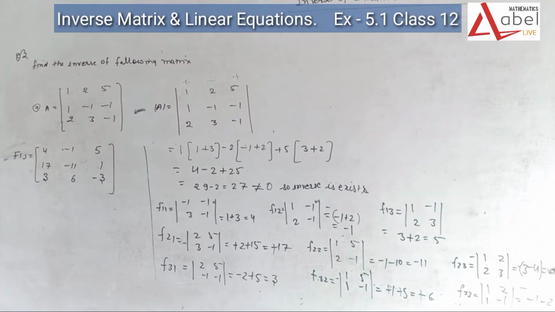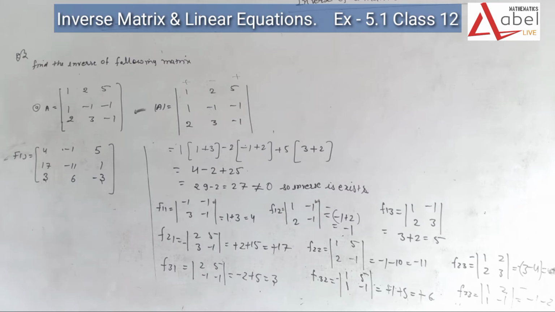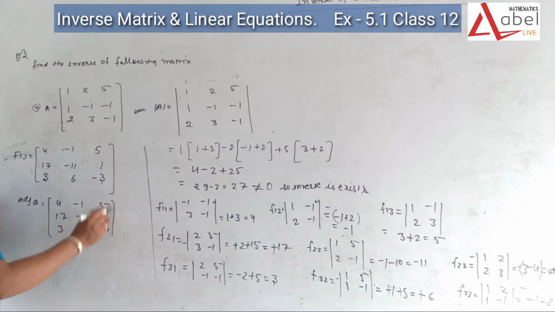4 minus 1 is 5, 17, minus 11, 1, 3, 6, minus 3. Now we are going to find the adjoint of A. So how can we find the adjoint of A? We write this matrix and take its transpose. When we find the transpose, we know that we convert rows to columns.